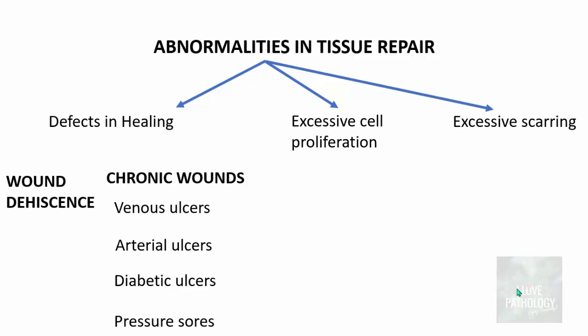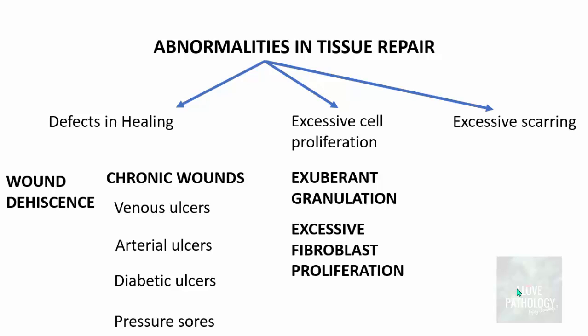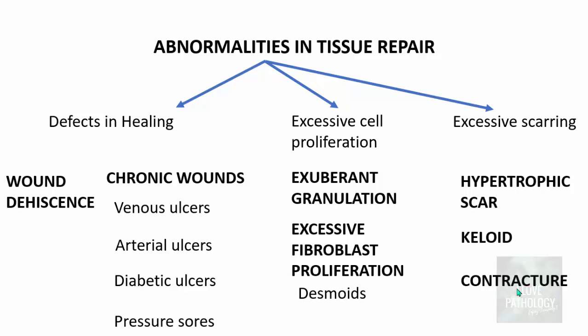Now what happens if there is excessive cell proliferation? That could result in exuberant granulation tissue or excessive fibroblast proliferation, which is otherwise referred to as desmoids. What happens when there is excessive scarring? That could result in hypertrophic scar. It could be keloid formation or it could be scar contracture. So let us understand in detail each one of these entities.